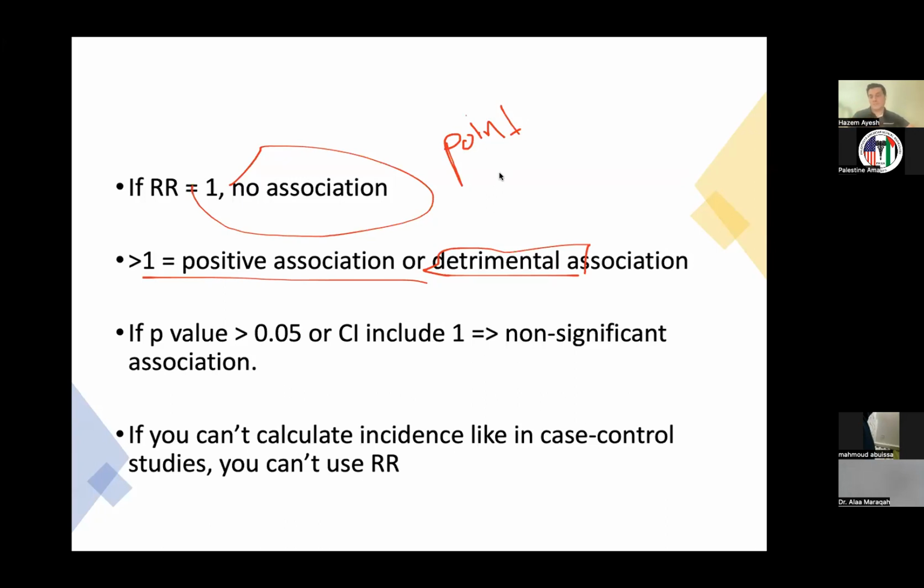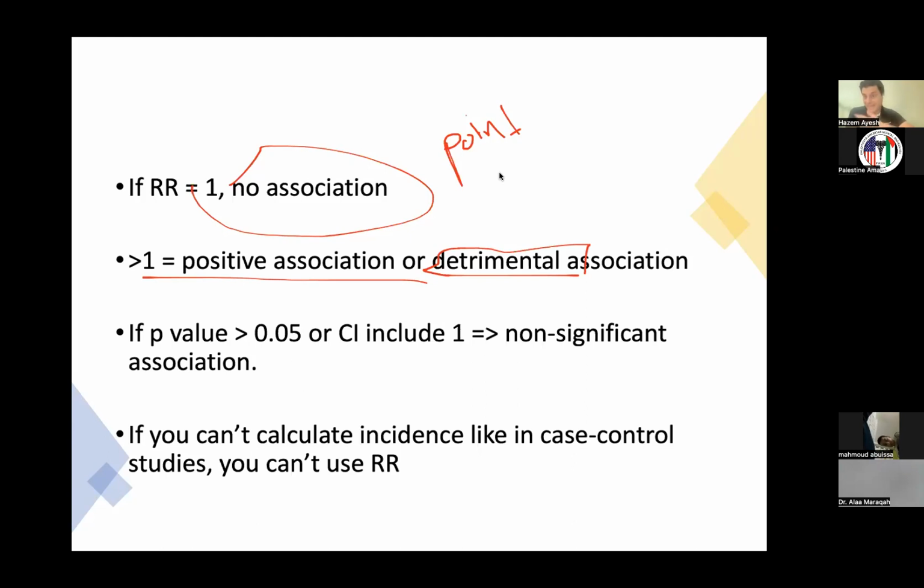the study population. For example, if I am doing a study about the effect of a statin on diabetes, let's say in Ramallah, I will not give a statin to half of the people in Ramallah and not give it to the other half. I will not do that for sure.